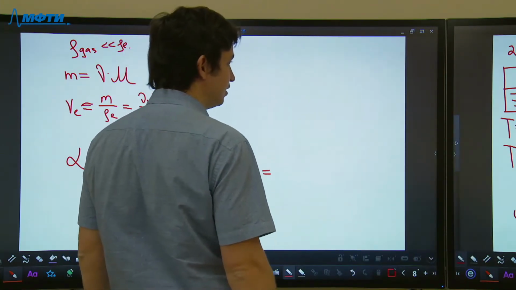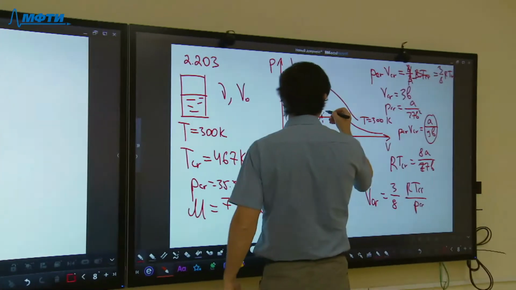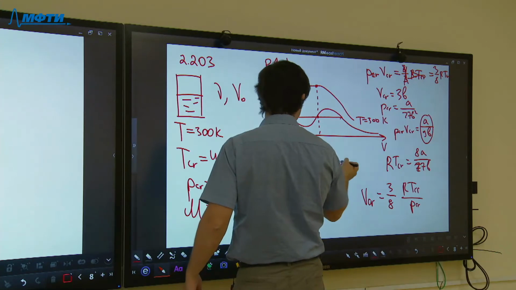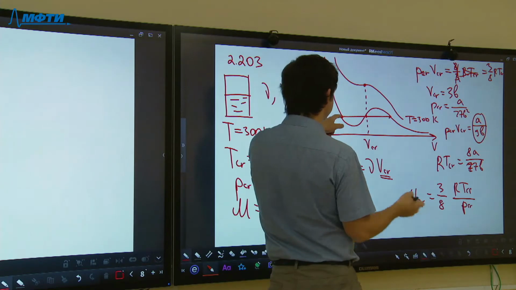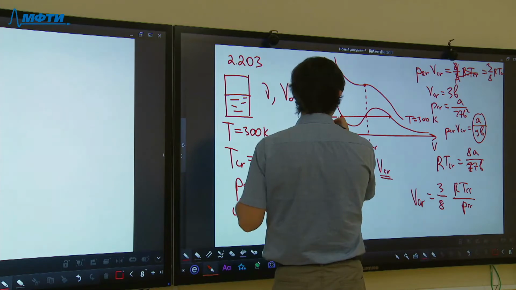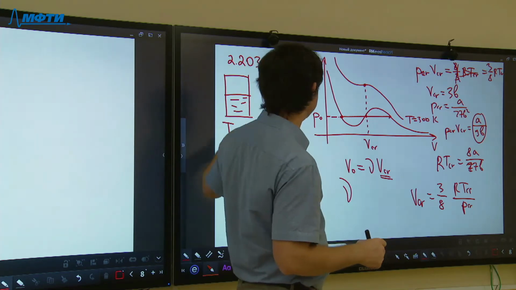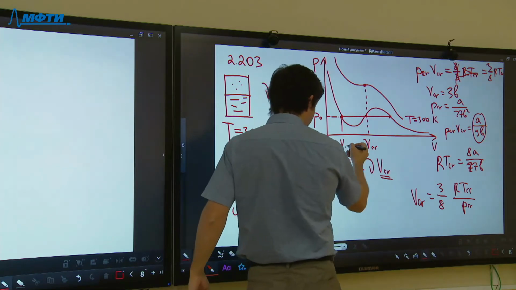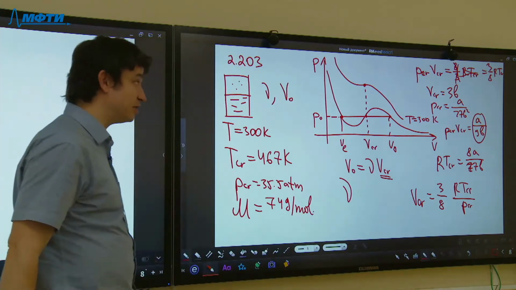And that means that we can plot this Van der Waals curve, the isotherm at 300 kelvins, and then find the pressure in the equilibrium between liquid and gas phases, and finally calculate the volume occupied in the liquid phase and in the gas phase by solving the Van der Waals equation.